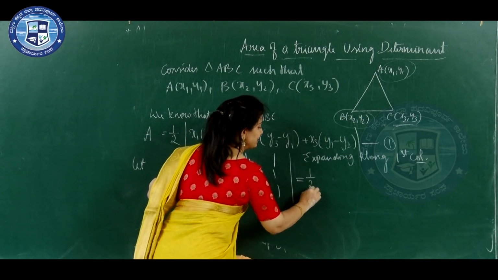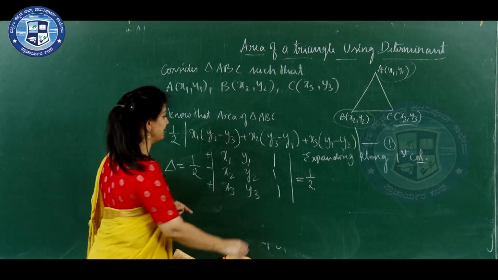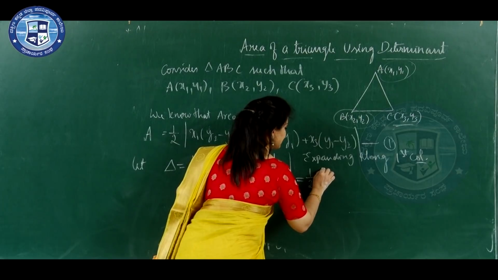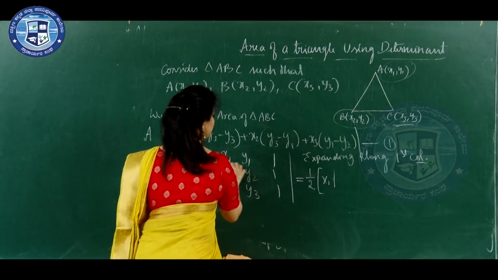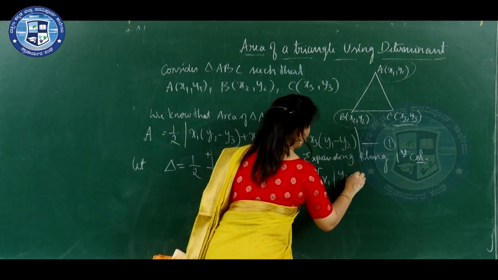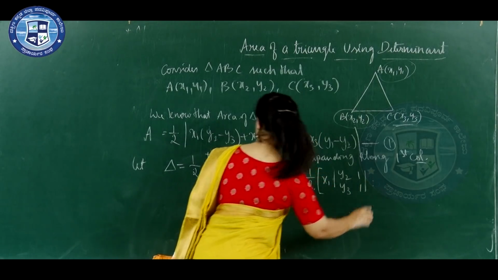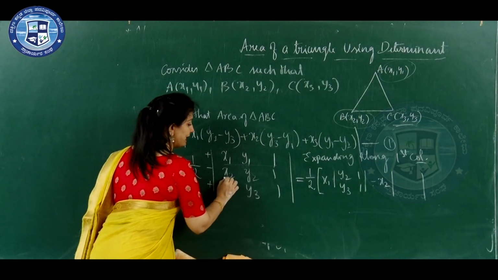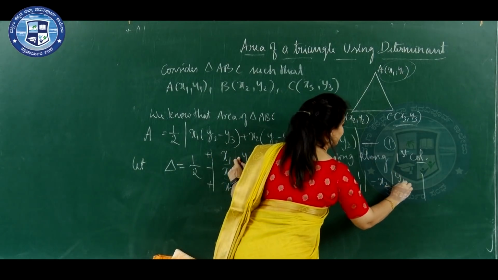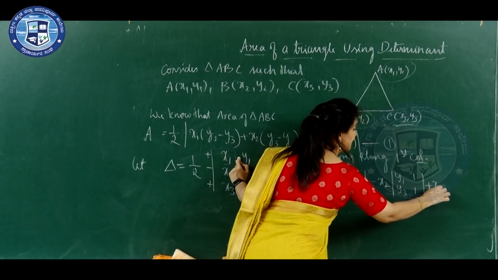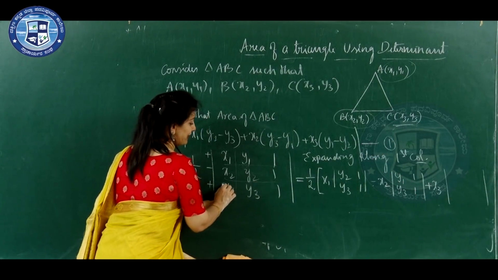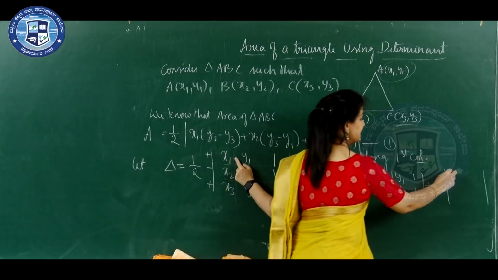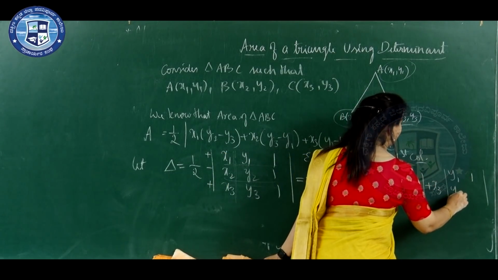So, it can be written as half into x1 into determinant of, leaving the row and column where x1 lies, the remaining elements y2 1, y3 1, minus x2 into determinant of, leaving the row and column where x2 is, the remaining 4 elements y1 1, y3 1, plus x3 into determinant of, deleting the row and column where x3 is, in the third row and first column, the remaining elements y1 1, y2 1.